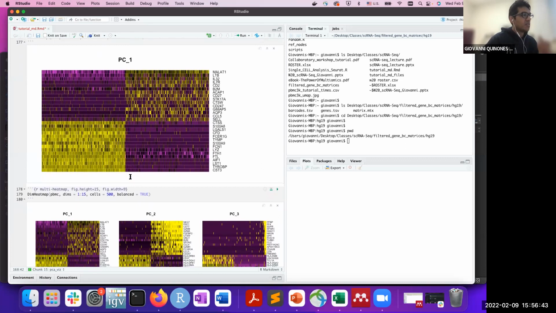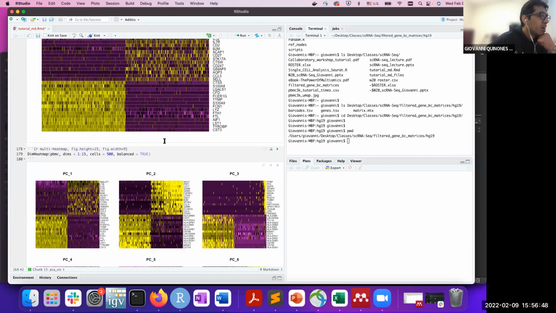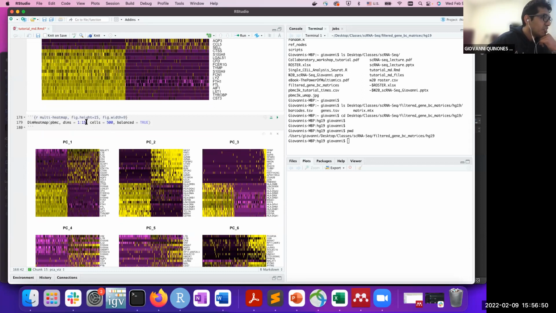Further on, we can generate this plot not just for the first PC, but for the top 15 PCs, so we're going to see how our data projects in 15 dimensions.